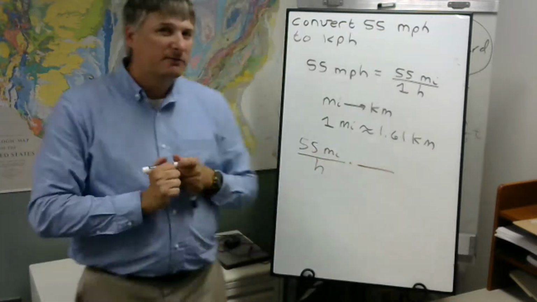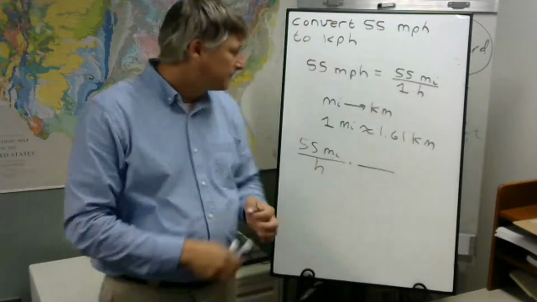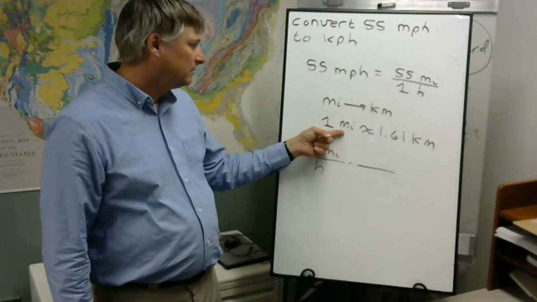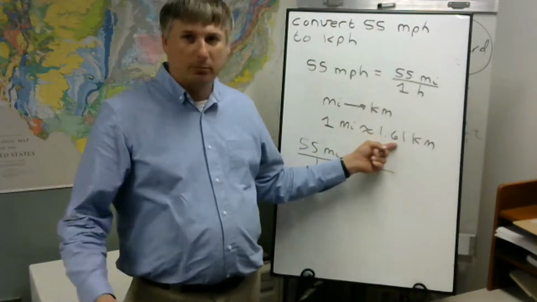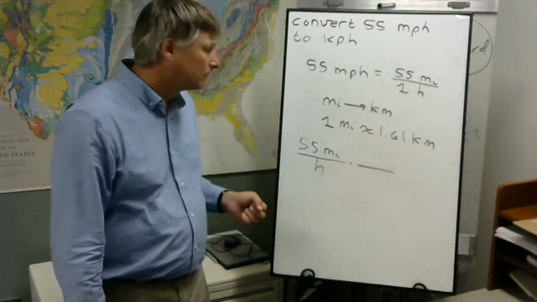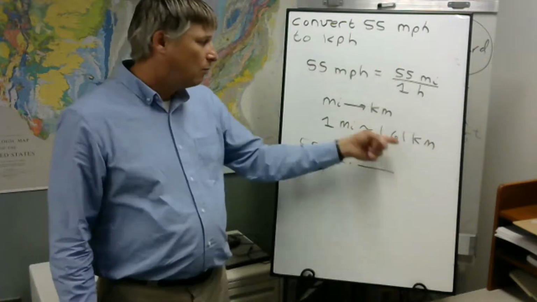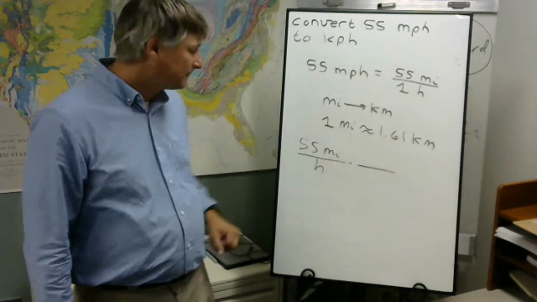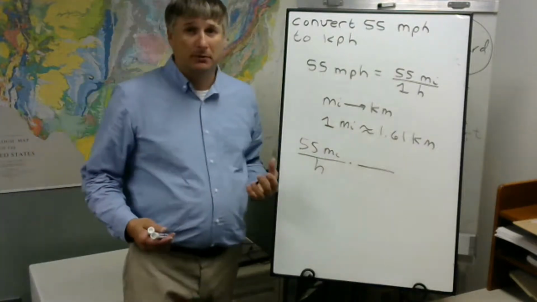Now, what conversion ratio should we use? We're going to get a choice of 2, either a mile on top of 1.61 kilometers or 1.61 kilometers on top of a mile. Well, it depends what we want to do.